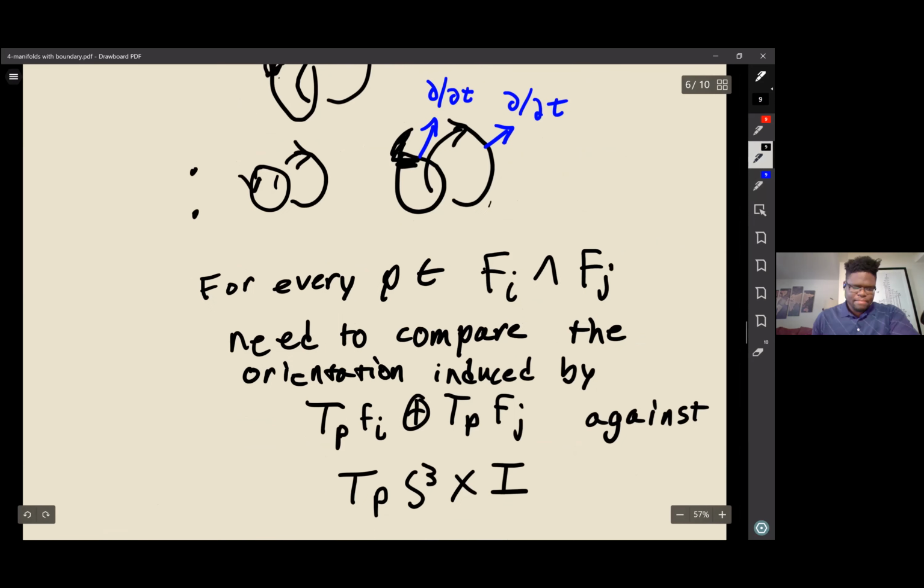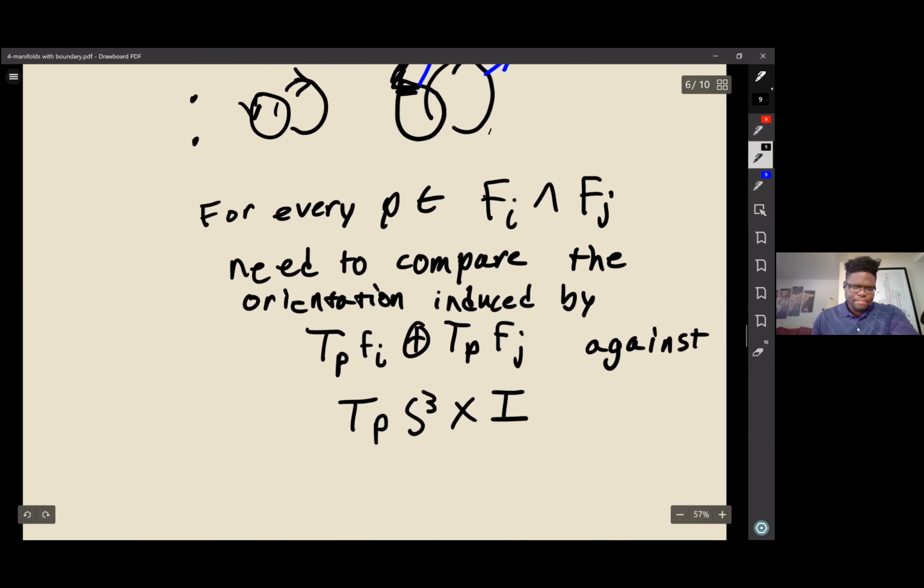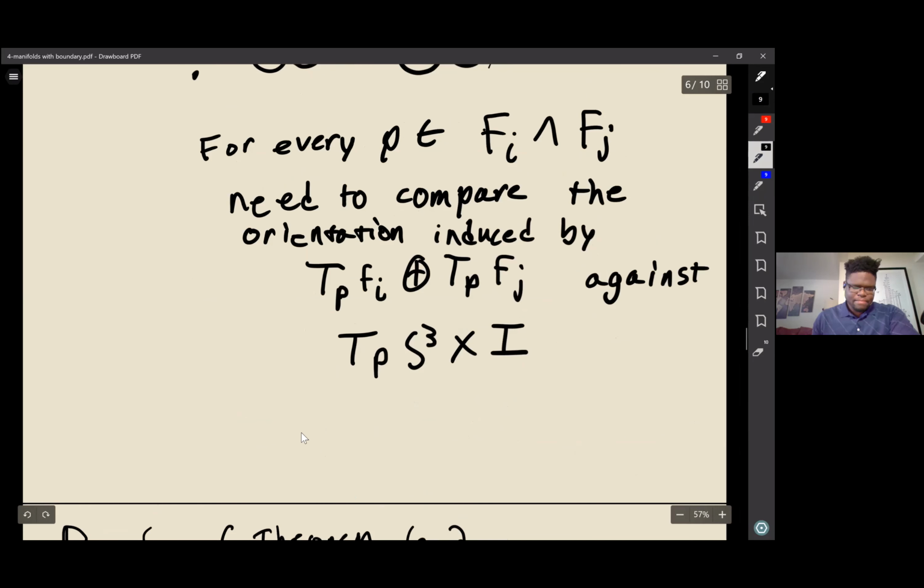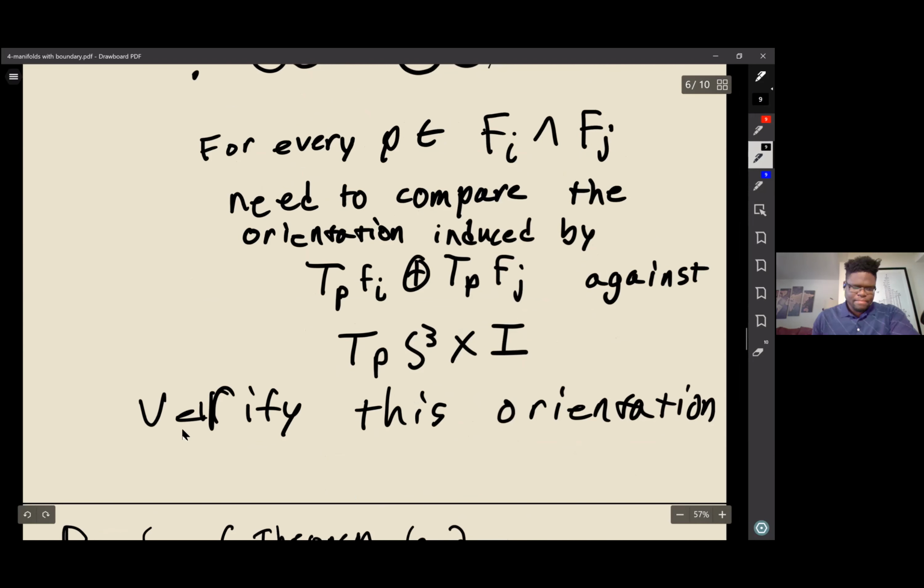And so with this orientation, I'm leaving out the details of the proof, but verify this orientation of F_i achieves this equality.